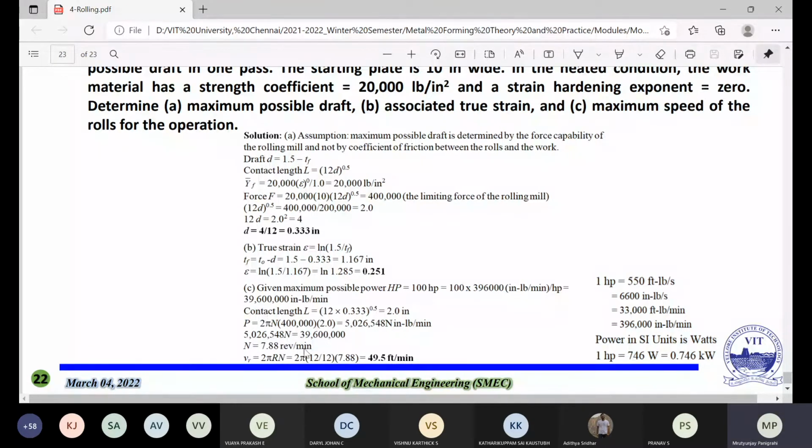Now that you have N, you have to find out VR, the speed of the roll, 2 pi R N. R is there and N you have already got, so you will find 49.5 feet per minute.